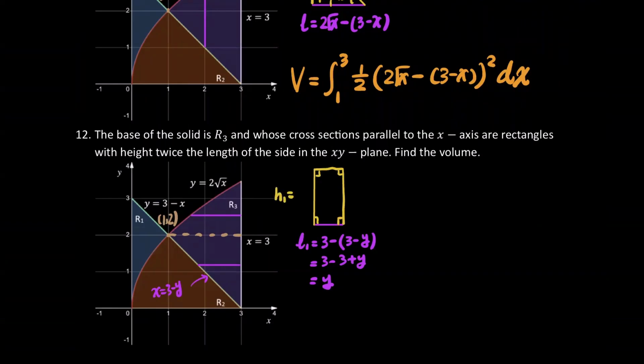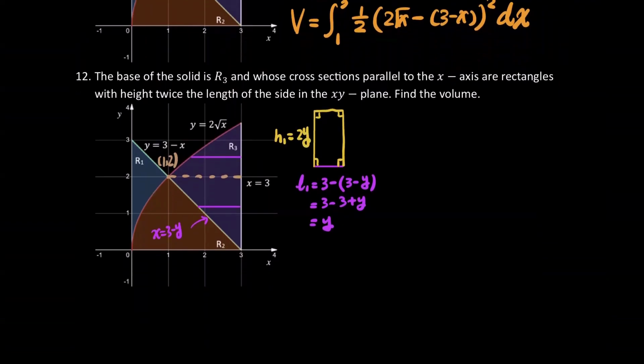So height is twice that. And area number 1 is y times 2y, which is 2y squared. And the next picture, length number 2.